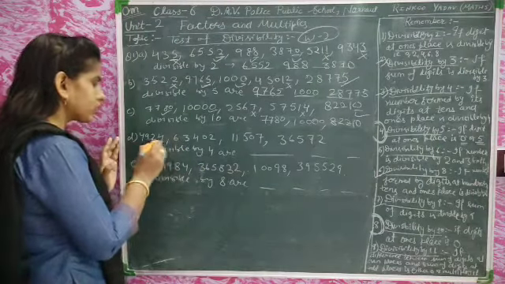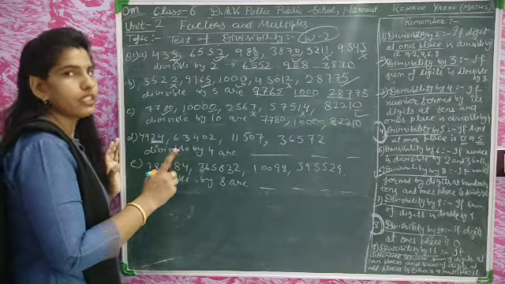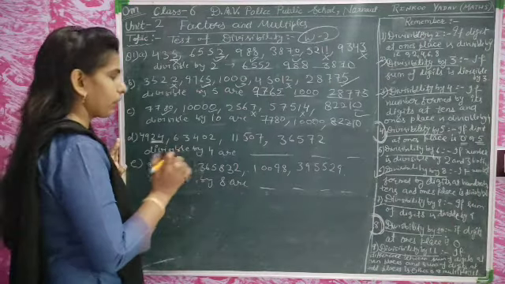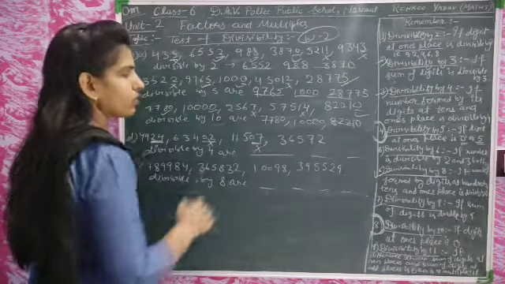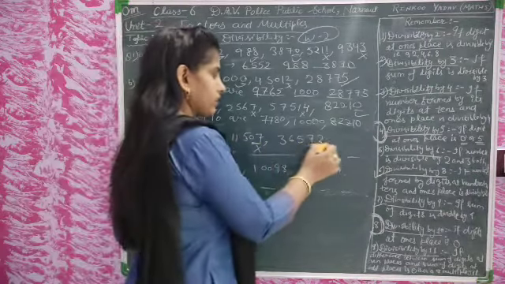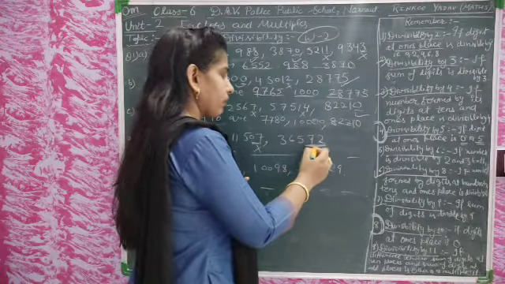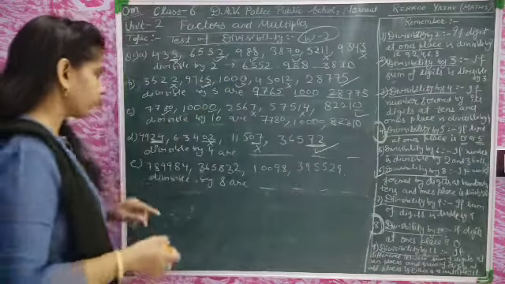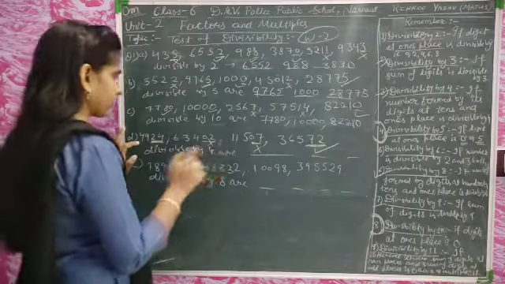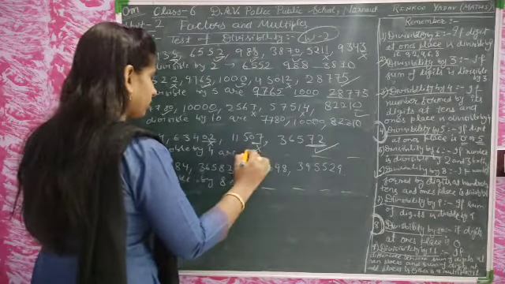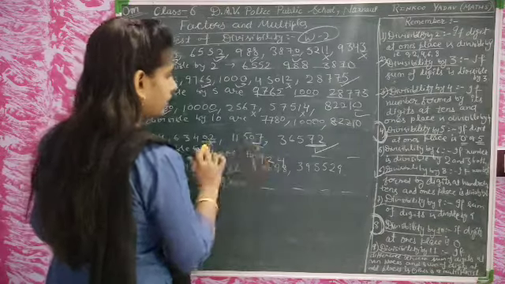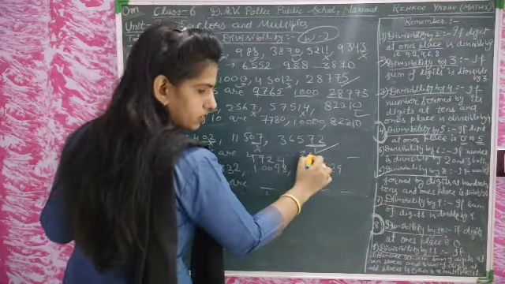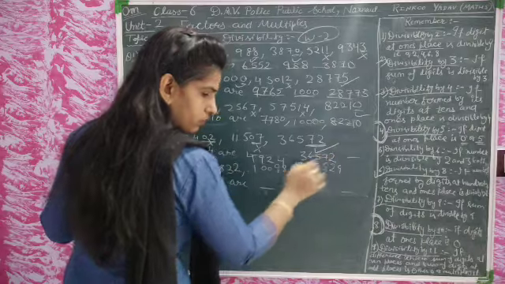Last 2 digits 24, divisible by 4? Yes, 24 is in the table of 4. 2, no. 07, no, not divisible by 4. And we have already seen 72 is divisible by 4, so this number is divisible by 4. The numbers divisible by 4 are 4924, this one also, and 36572.